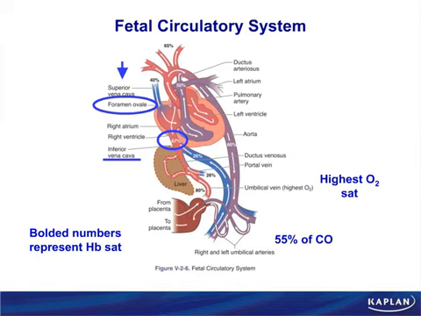Now, the lungs are collapsed, so the pulmonary vasculature has a very high resistance. Therefore, most of this blood gets diverted from the pulmonary artery into the aorta via the ductus arteriosus. So now this blood's going to mix in with our other blood, and by the time we get around to the aorta, go into the tissues, you're only about 60% saturated, which is considerably lower than in an adult.